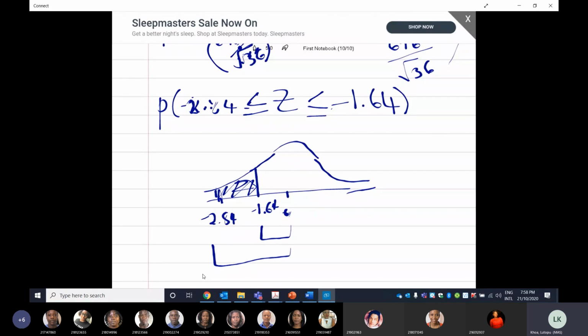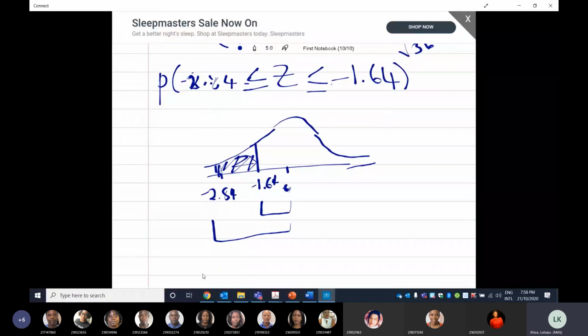Reading the negative and the positive ones will give us exactly the same values because our table is symmetric. So remember that our table is symmetric. Whether I read the negative or the positive ones, the values will be the same. Maybe on different sides of the numbers, but the value itself is the same.